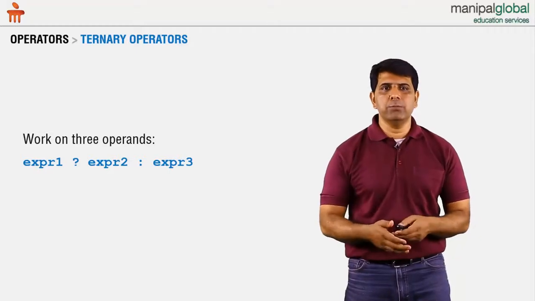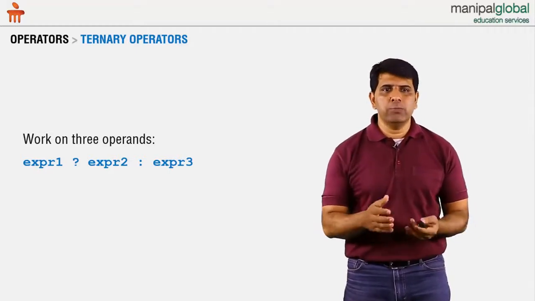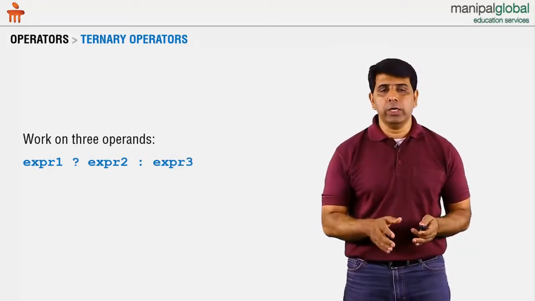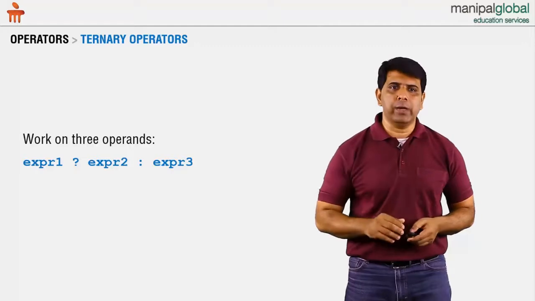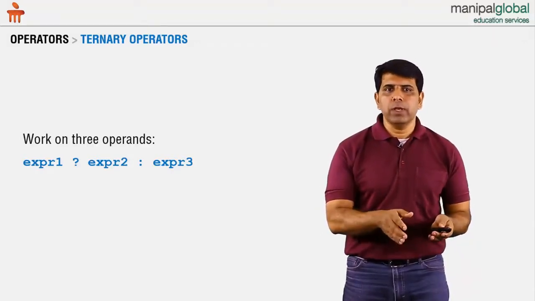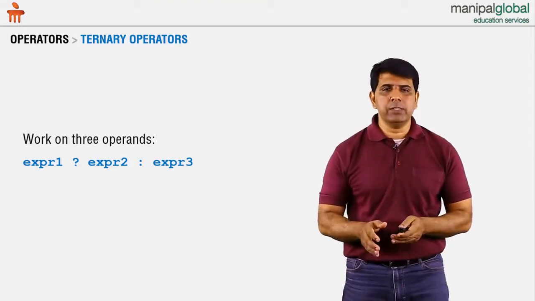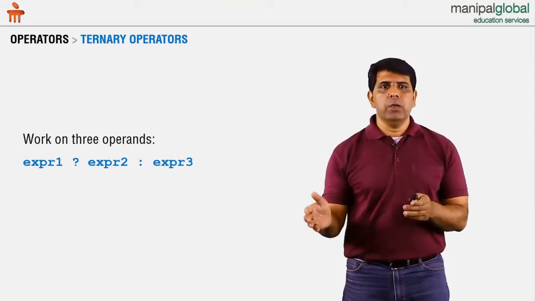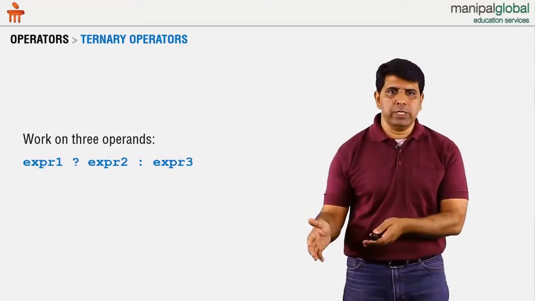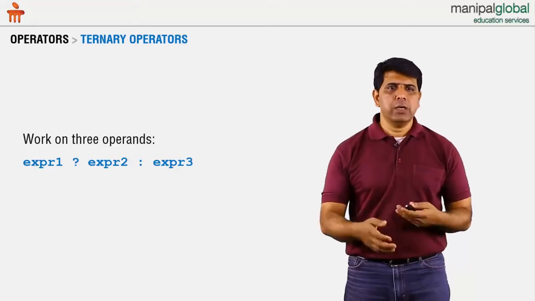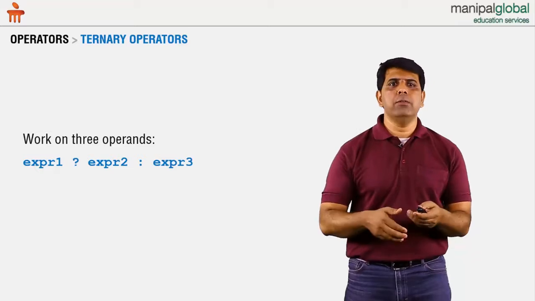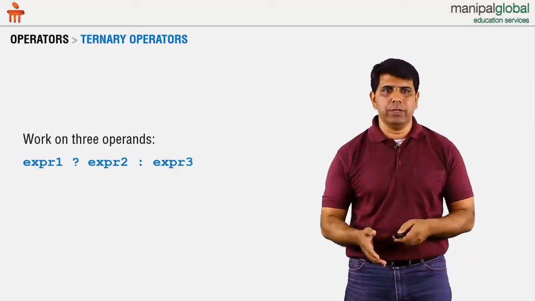A Boolean variable, a Boolean expression, a combination of Boolean expressions using and, or logical operations, they all are okay. You can even use function calls that return a Boolean. If that Boolean expression results in true, then expression 2 is evaluated and expression 3 is ignored. But if expression 1 fails, then expression 2 is ignored and expression 3 is evaluated. This acts as a very simple if condition. We will look into this in more examples in further videos.